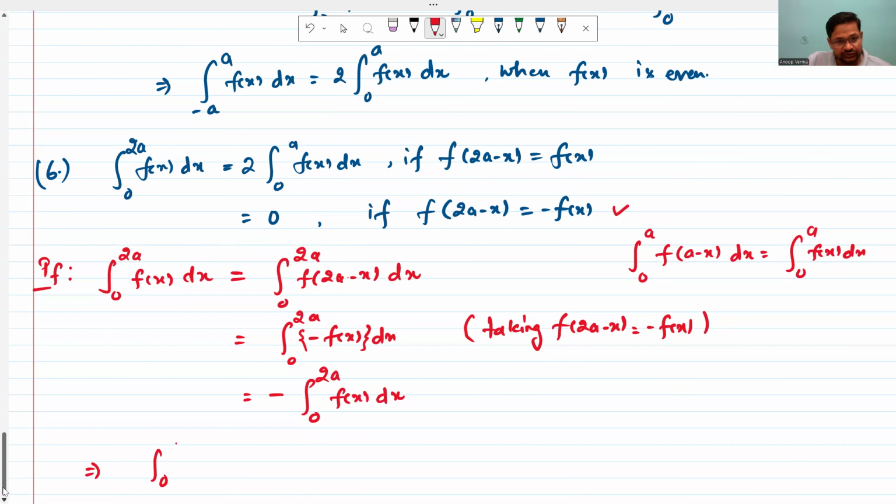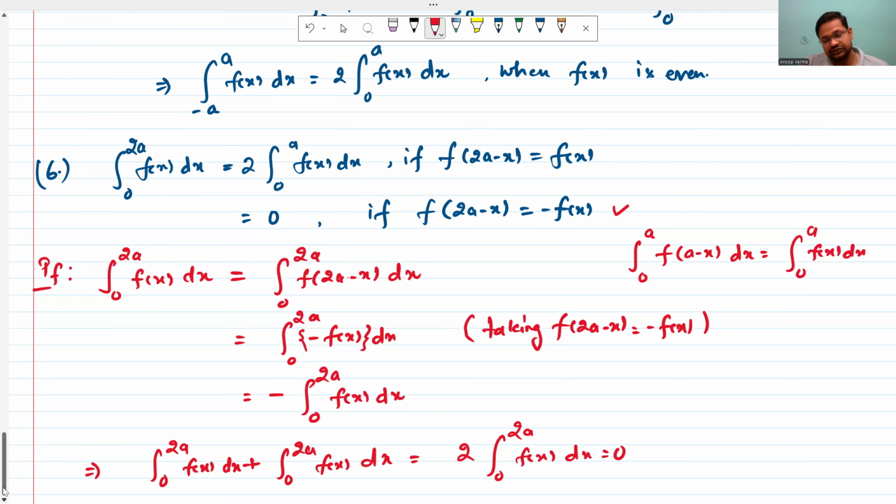So this is 0 to 2a f(x) dx plus 0 to 2a f(x) dx, which is equal to 2 times the integral from 0 to 2a of f(x) dx, equal to 0. From here you will get the integration from 0 to 2a of f(x) dx equal to 0.